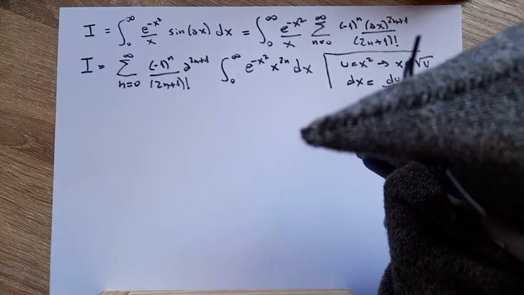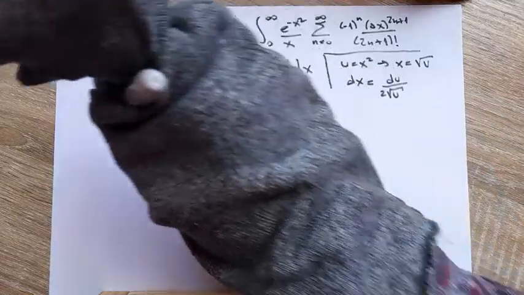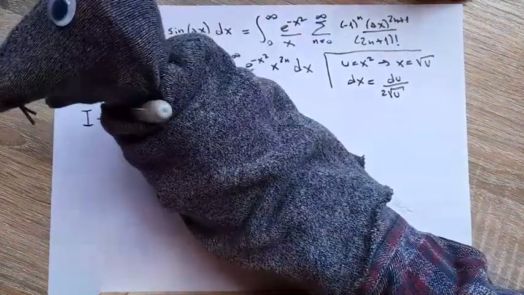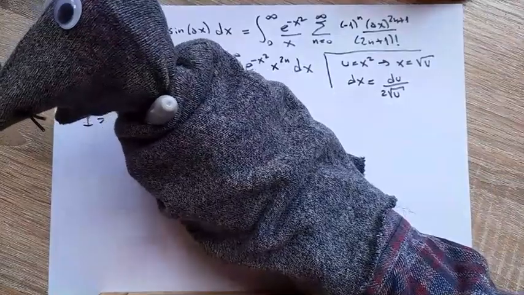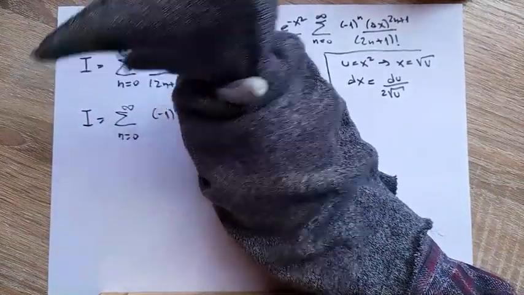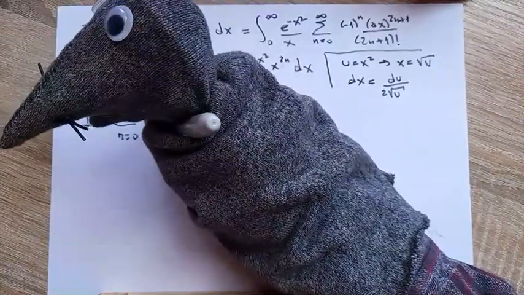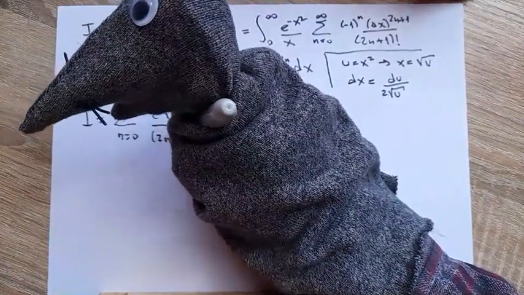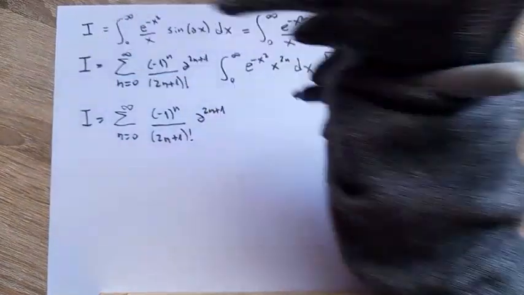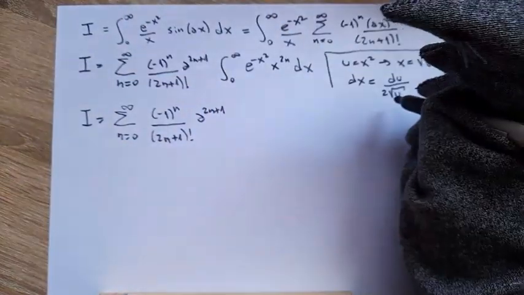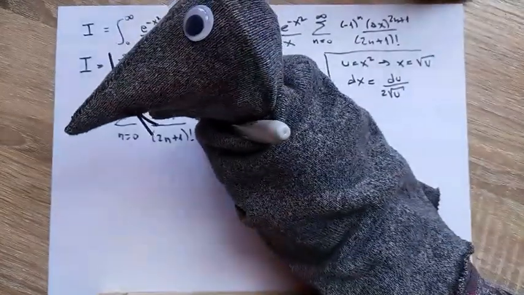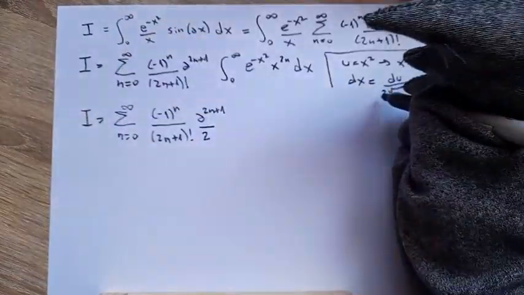So now we will replace again, and we get I equals the sum from n equals 0 to infinity of minus 1 to the n over 2n plus 1 factorial, a to the 2n plus 1. We will take out the 2 outside also from here.